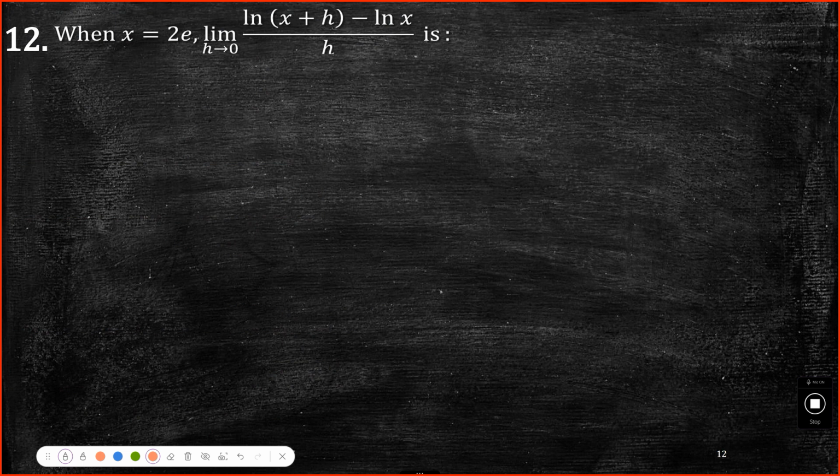Number 12. When x equals 2e, the limit as h approaches 0 of that thing is what? We have to be able to find the function and evaluate it at a.